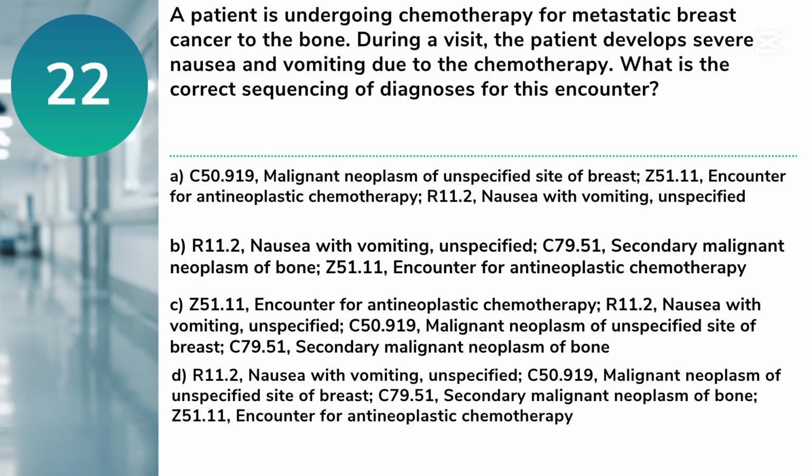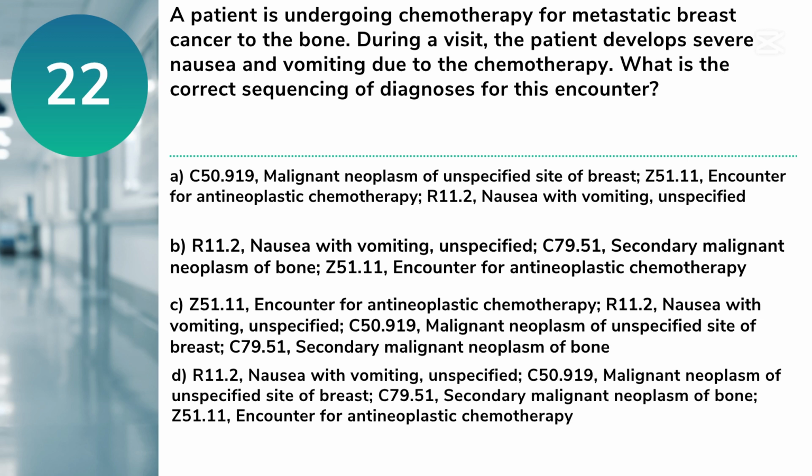Question 22. A patient is undergoing chemotherapy for metastatic breast cancer to the bone. During a visit, the patient develops severe nausea and vomiting due to the chemotherapy. What is the correct sequencing of diagnoses for this encounter?